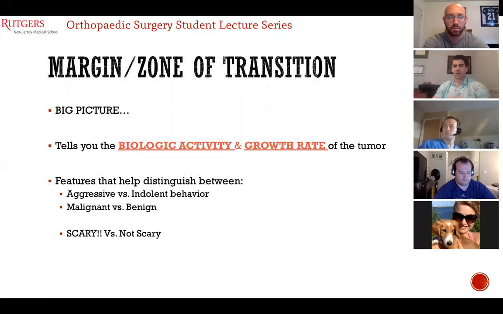If the margin of transition is stretched out and wide, the bone has not had time to wall off this lesion. That combines what the lesion is doing to the bone and what the bone is doing to the lesion. But keep in mind that a wider transition means a more aggressive lesion. We'll show some pictures that help better understand this.